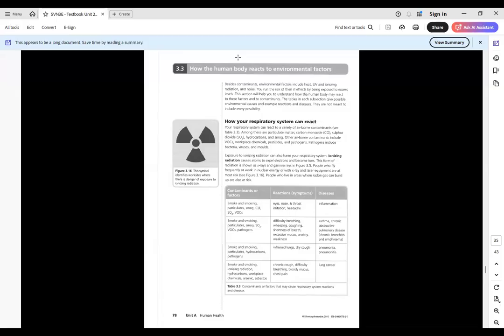Smoke and smoking is always going to be in there because those are always contaminants of air. But you'll see, along with particulate smog, SO2, we now have pathogens. So pathogens can cause difficulty breathing, wheezing, coughing, shortness of breath, excessive mucus, that's when you're coughing up stuff, anxiety, and weakness.